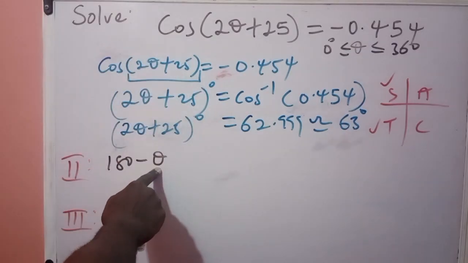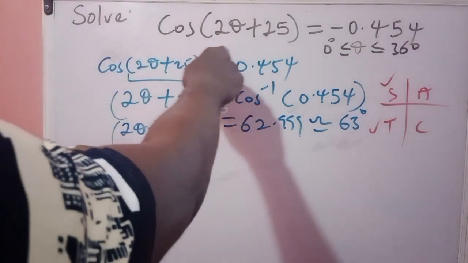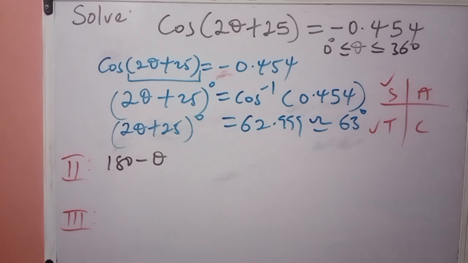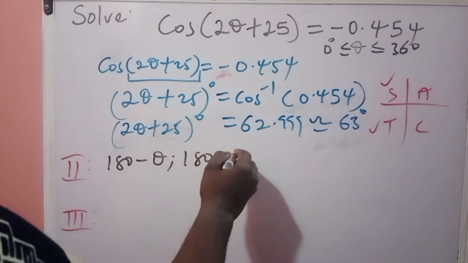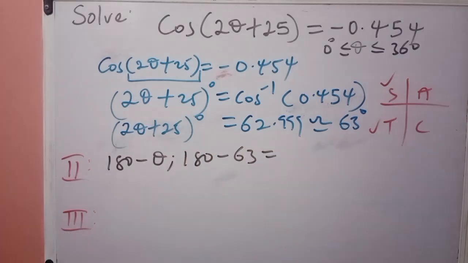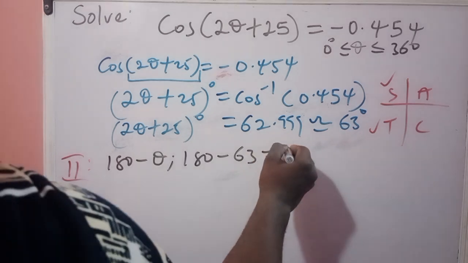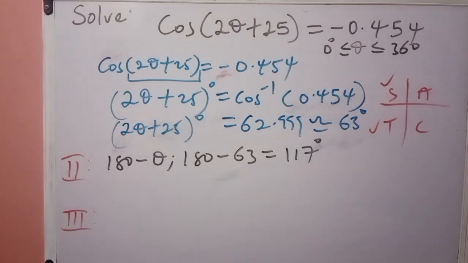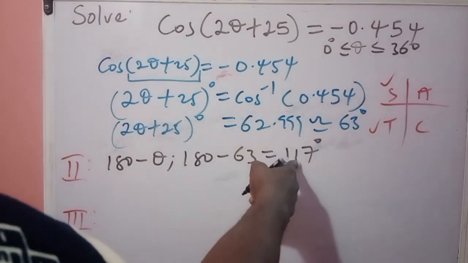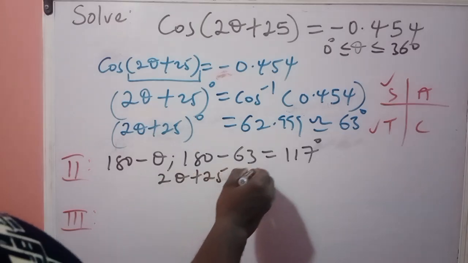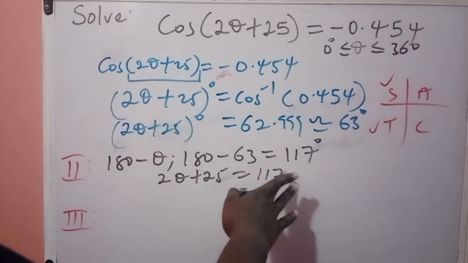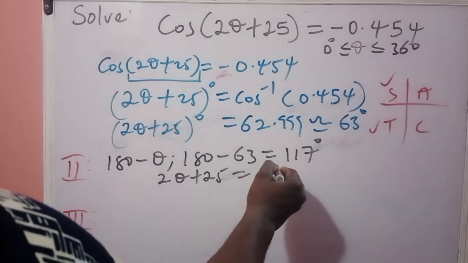So this theta here, in this case, is 2 theta plus 25. So in this case now, we'll be having 180 minus 63, and that will be 117 degrees. Don't forget, this value here represents the value for 2 theta plus 25, because that is the value associated with the trigonometric function cos.